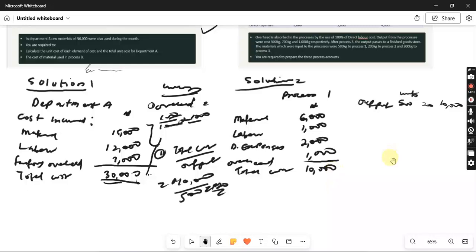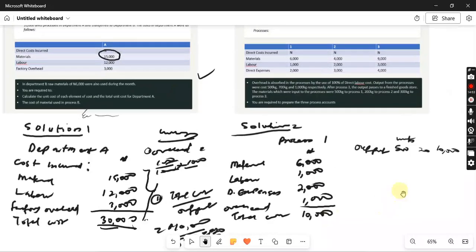So we have the cost per unit, 20. We have 10,000 as the output. It means that we are going to transfer this as the input.